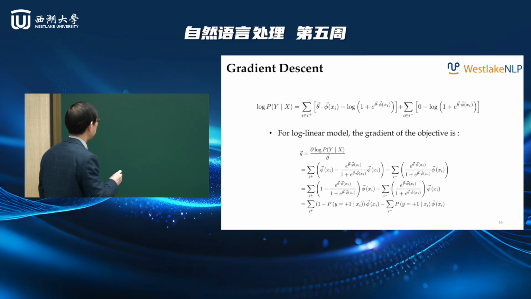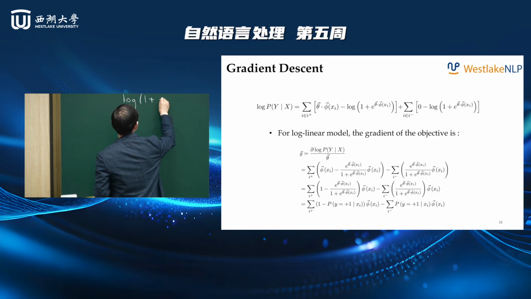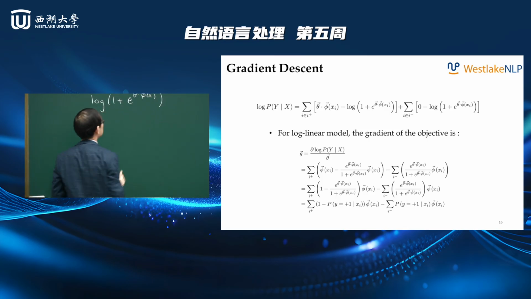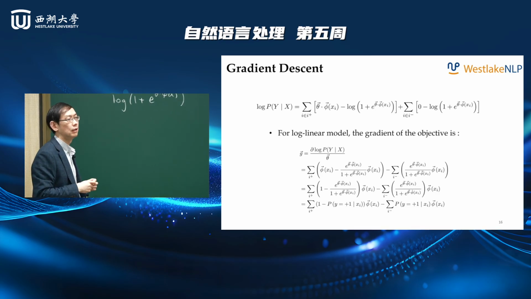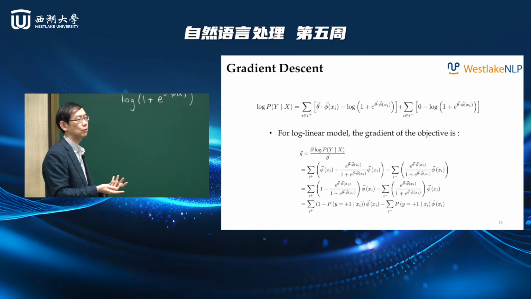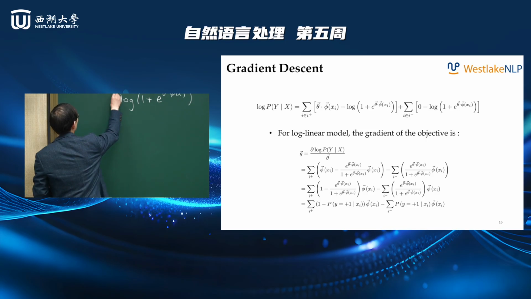Let's take the logarithm of 1 plus e to the power of theta dot phi x, for example. This is the most difficult term. For theta dot phi, the derivative with respect to theta is phi. It's not difficult. But this part can be a little bit difficult. So, for calculus, you take this derivative with respect to theta.